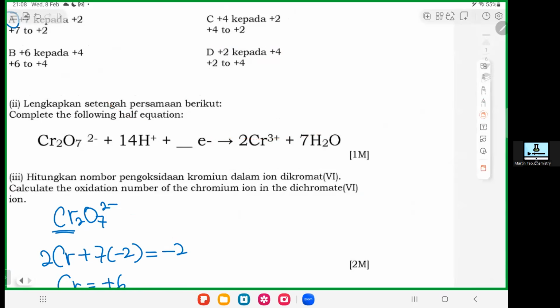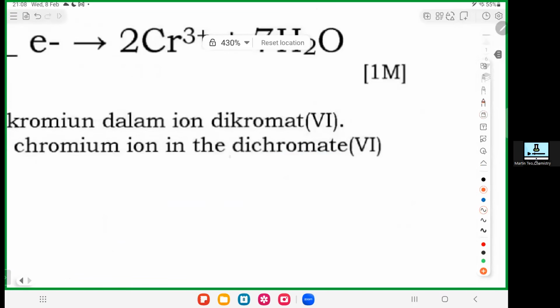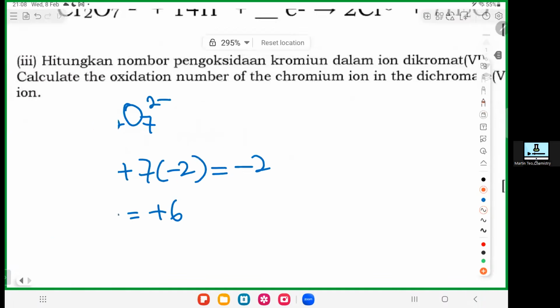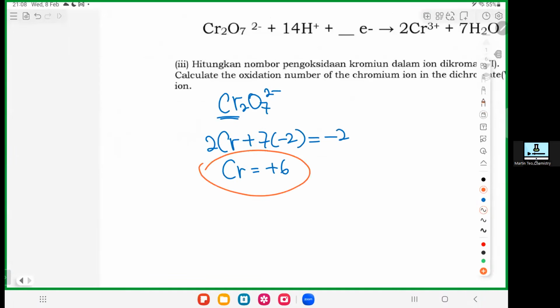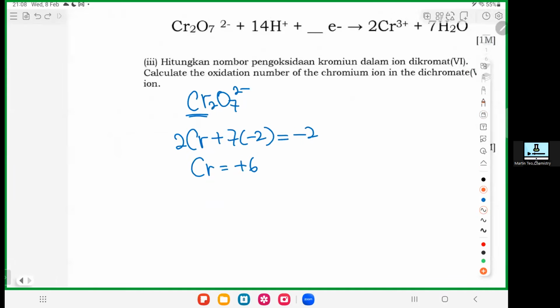So you see, this fella, the name is dichromate, which is 5 + 1, 6. So that's why the oxidation number here must be 6. Okay, so you can double check your answer. Very easy.